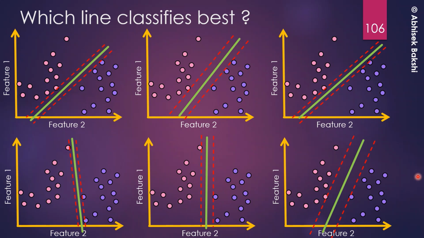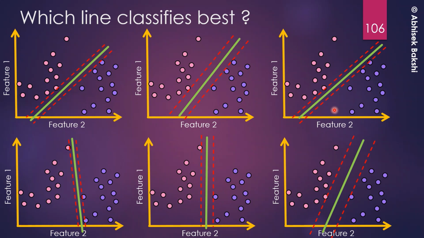If you closely watch the difference between these boundaries, this difference itself signifies how good the model is with respect to the distance between the closest point and the boundary.